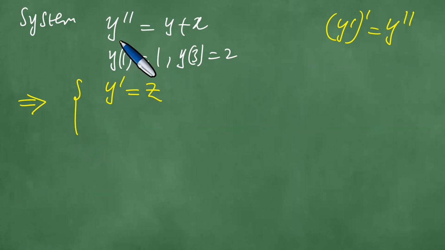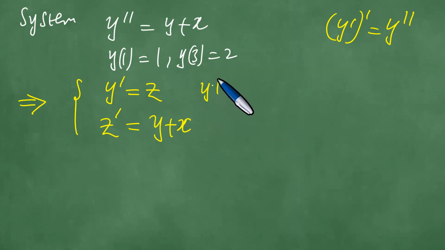So now here we're going to have this. If we call this y primed z, it means therefore you're going to have z primed, which equals y plus x, with y at 1 which is 1, and then y at 3 which equals 2. Because that's what we have for y.